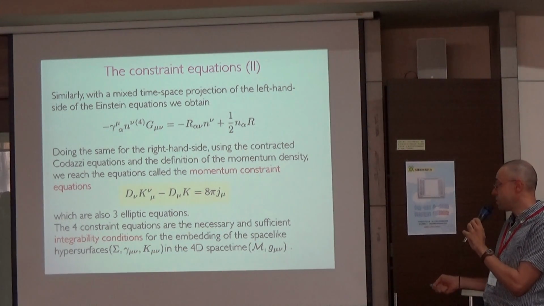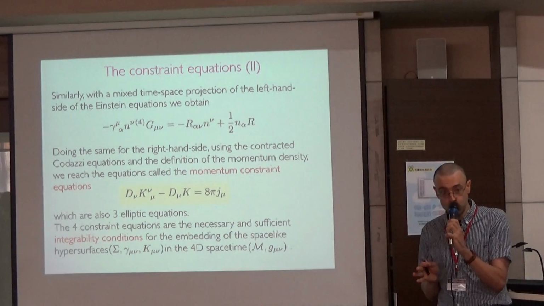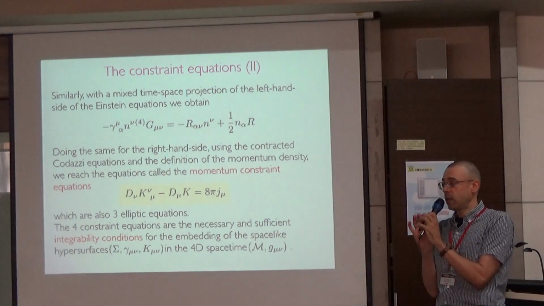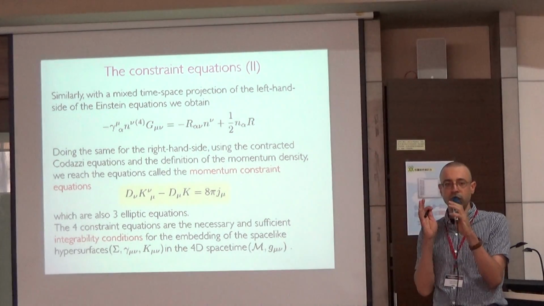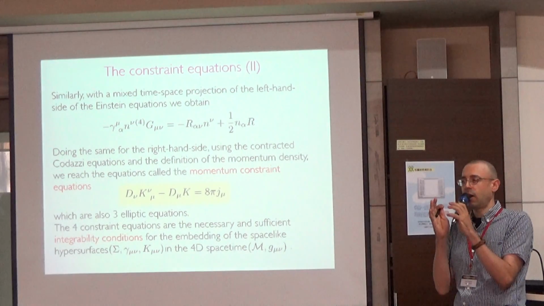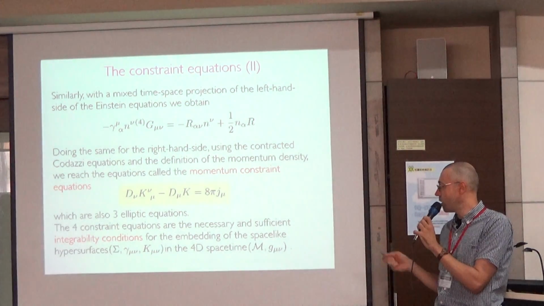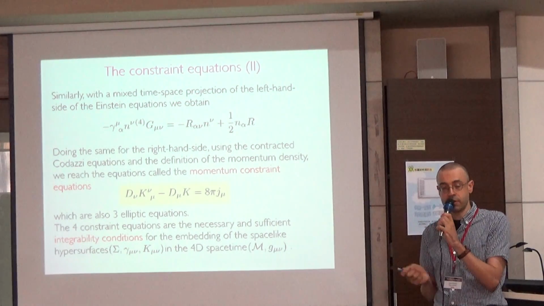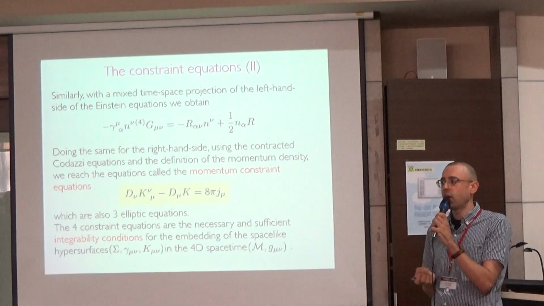Okay, so these and the Hamiltonian constraint don't contain any time evolution. They, however, describe physical configurations that are solutions of the Einstein equations. So solving these constraint equations usually gives the initial data for our simulations.